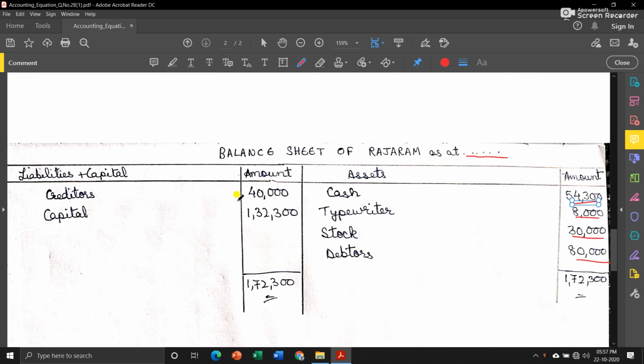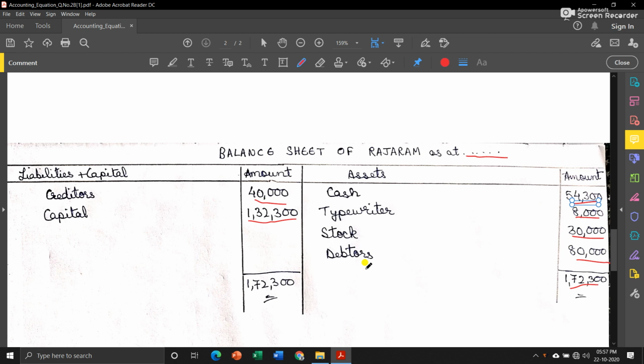And on liability side we had creditors 40,000 and capital we had 1,32,300. Now after writing all the items on both the sides, we have to find out total. Okay, 40,000 plus 1,32,300, we got 1,72,300. And after adding cash, typewriter, stock and debtors amount, we got 1,72,300.